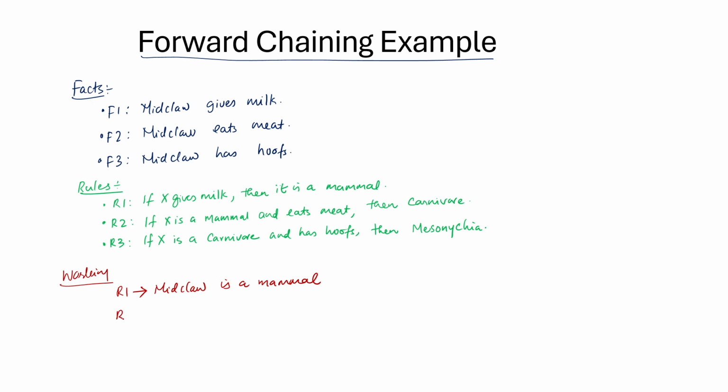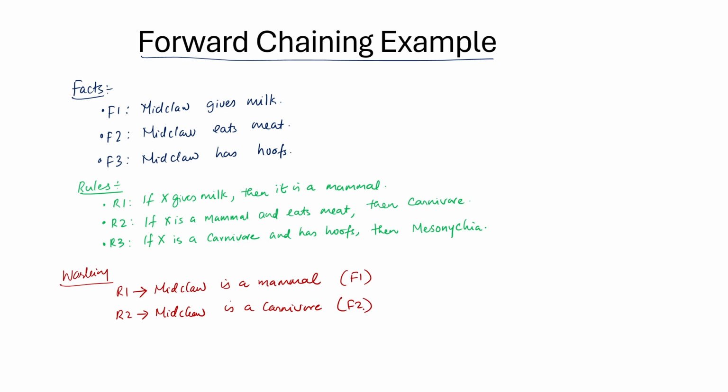Then R2: if X is a mammal and eats meat. We apply the rules to all facts. R1 to F3 is not applicable. R2 to F3 is not applicable. Then we apply R2 to F1. R2 says if X is a mammal and eats meat, then carnivore. Then we say that Mid-clo is a carnivore.